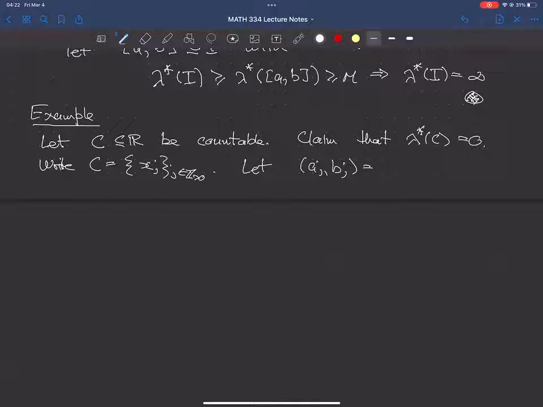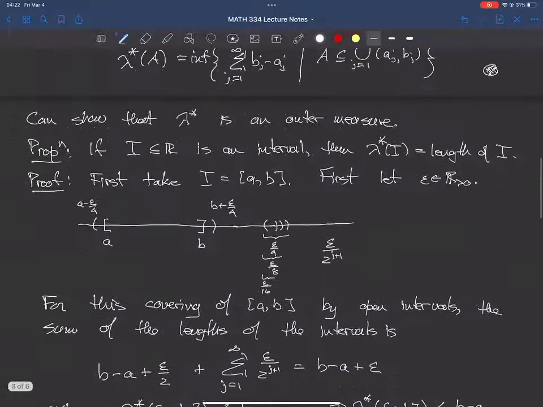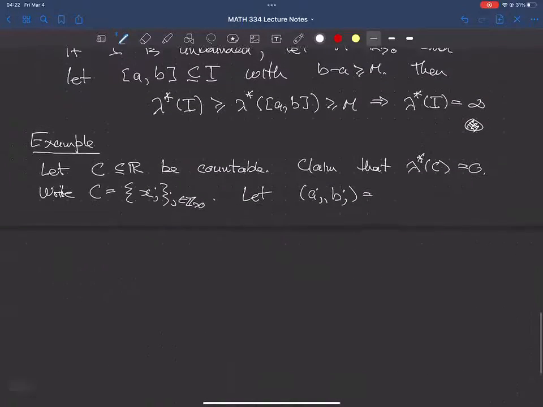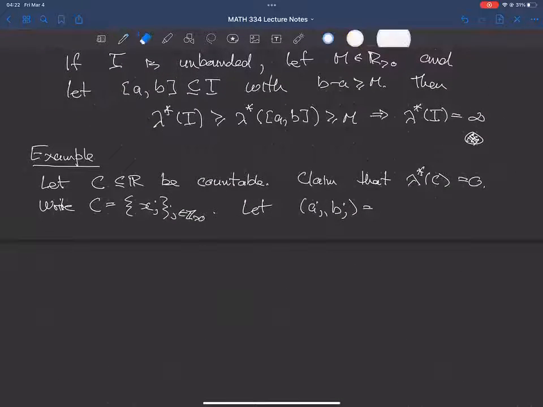I need the length of the interval around a_j, b_j to be, according to what I observed here, epsilon over 2 to the j plus 1. And there are many ways to achieve that, but here's one.